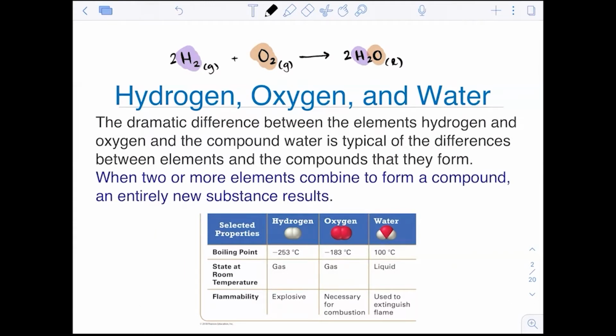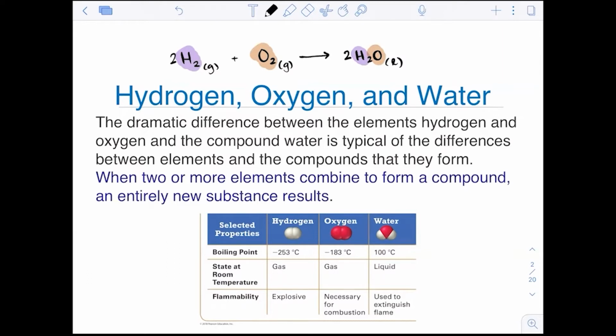And then there's water, which is used to put out fires. They're composed of the same atoms, and they might be balanced so that we have the same number of atoms and the same number of electrons. But when two or more elements combine, they form an entirely new substance.